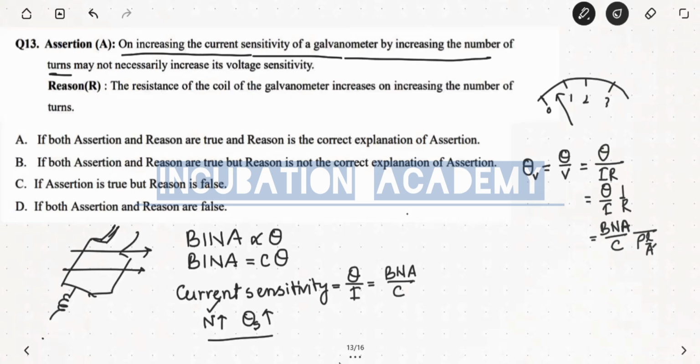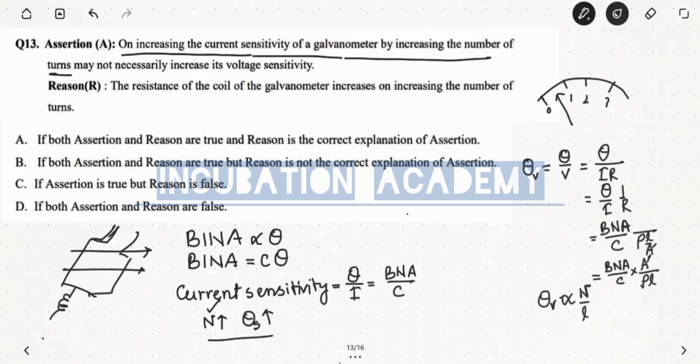It is the cross-sectional area of the wire which is wound to make the coil. So BNA divided by C becomes A prime divided by rho multiplied by L. From it, we can say theta V is proportional to N divided by L.